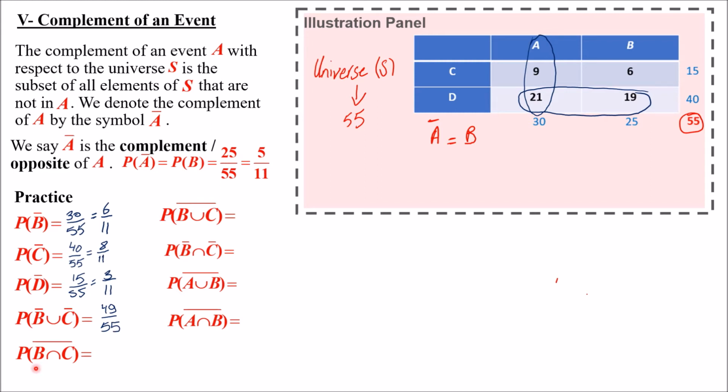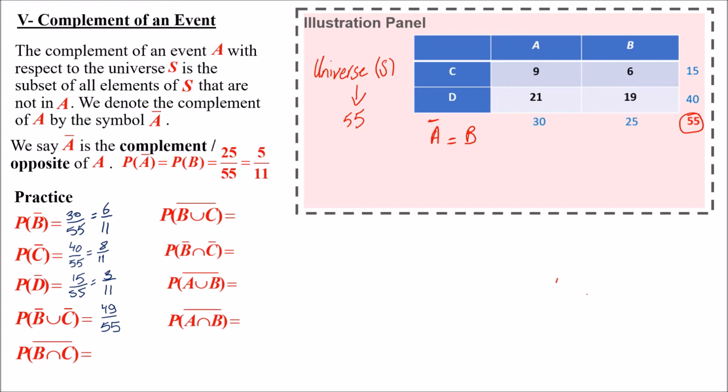Now we need to find the probability of B intersection C all bar. First, we find B intersection C. In these exercises, we move gradually, step by step. First, we find B intersection C, then we find the bar of B intersection C. So let's begin.